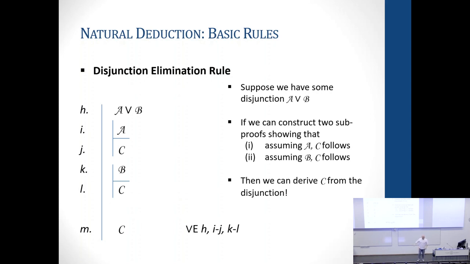And our citation here is lengthy. We need to cite the disjunction that we're eliminating, that we're using, and the 2 subproofs to show you that from this disjunct you get to here, from that disjunct you also get to here.